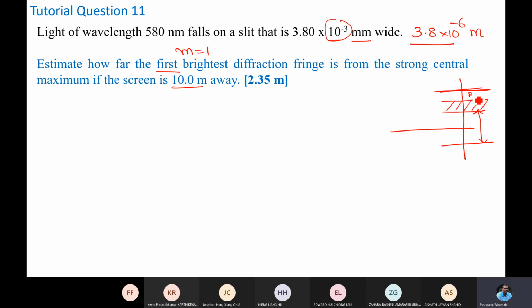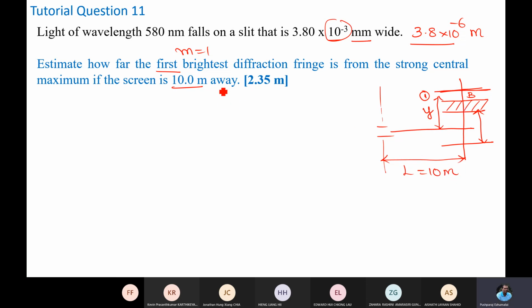They are asking to measure this distance. How far is the first bright? So we need to find this value. So this is the slit. So what is this distance? 10 meter. L is equal to 10 meter.